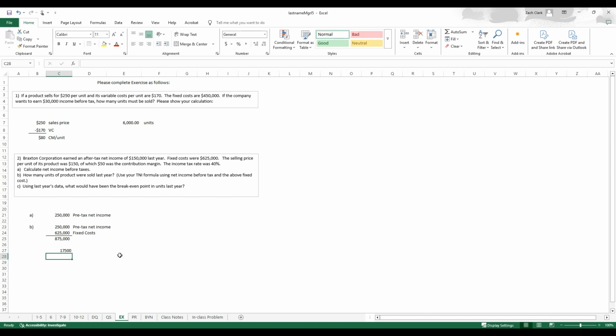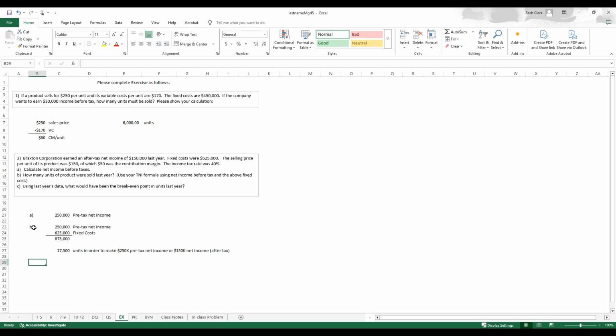It would tell us that we must have sold 17,500 units in order to make 250K pre-tax net income, or 150K after tax, we'll just call it net income, i.e. after tax.